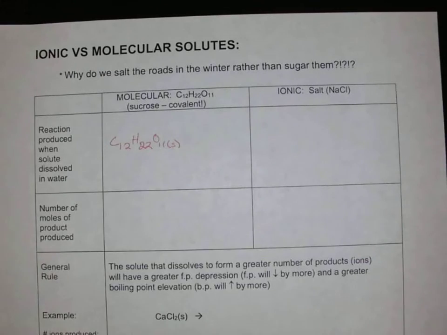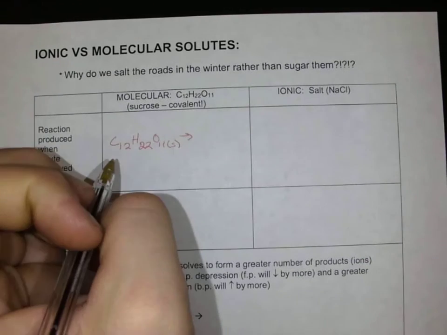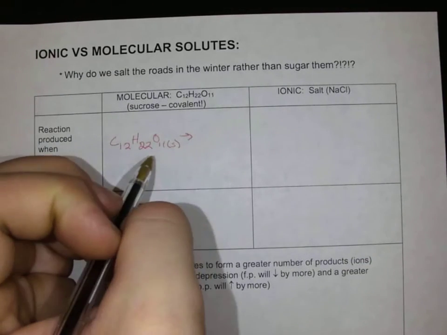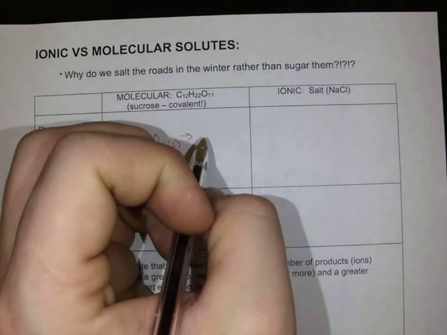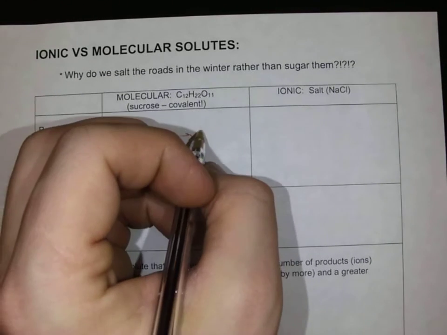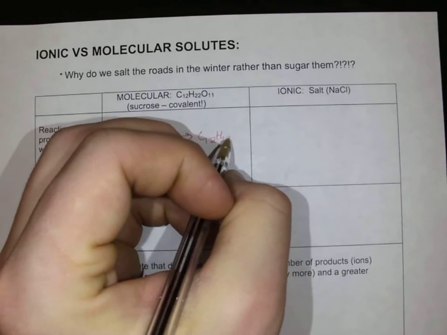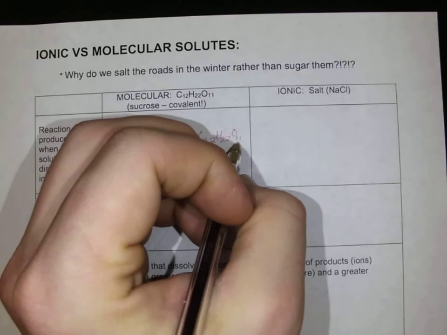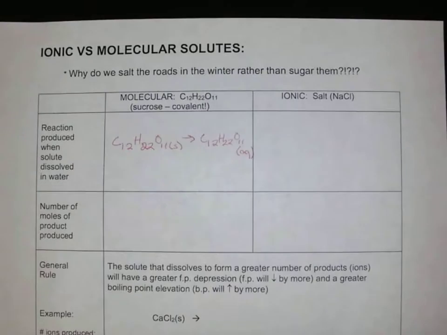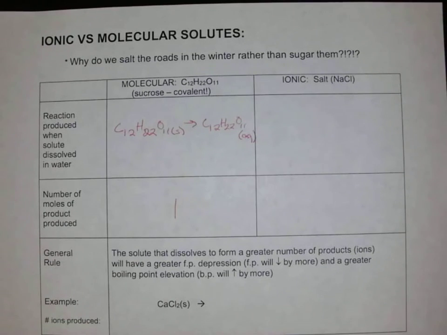If I put it into water, it's going to become aqueous, but we don't have any ions in here. It does not separate. We're able to separate our particles, but they don't break down any more than this. So all we get is C12H22O11 aqueous. We get this aqueous solution. So really, we only have 1 mole of our product.